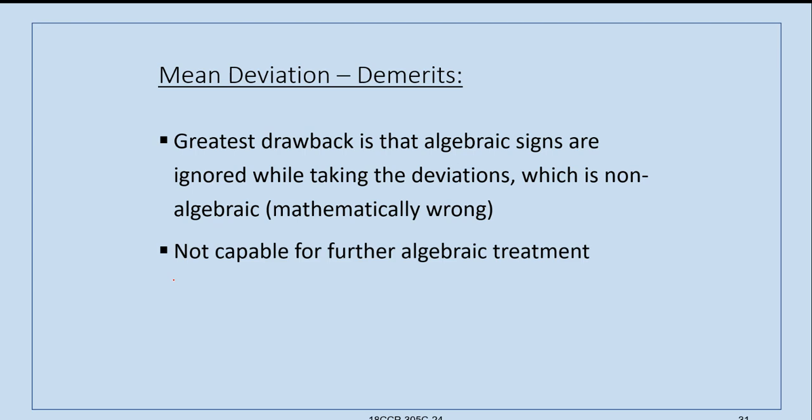And the demerit is that the greatest drawback is that algebraic signs are ignored. When we are taking deviations, we will ignore minus and plus. Every value is added, ignoring minus. That means we will not consider minus. Every number is added. Minus values, plus values, all are added.